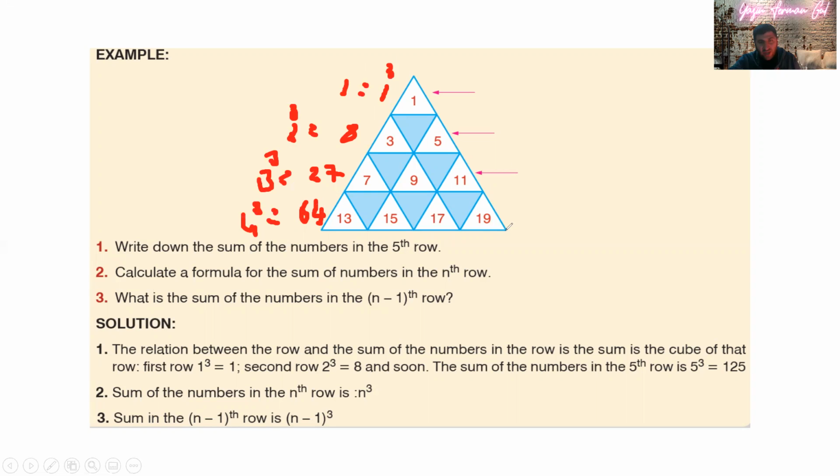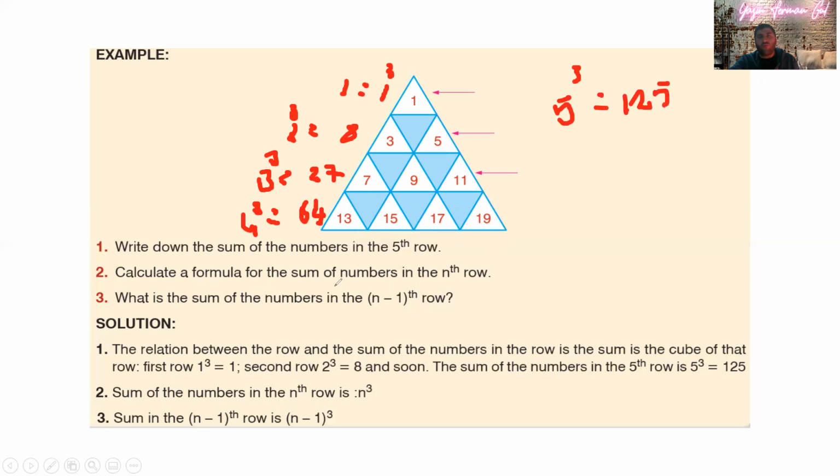So if you have to add another row here, as you can see how it's increasing, 1 to the power of 3, 2 to the power of 3, 3 to the power of 3, 4 to the power of 3, the next will be 5 to the power of 3. Right, the next row, the first row will be 5 to the power of 3, which is going to be 125.